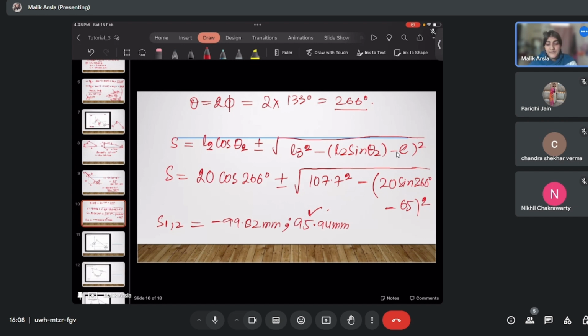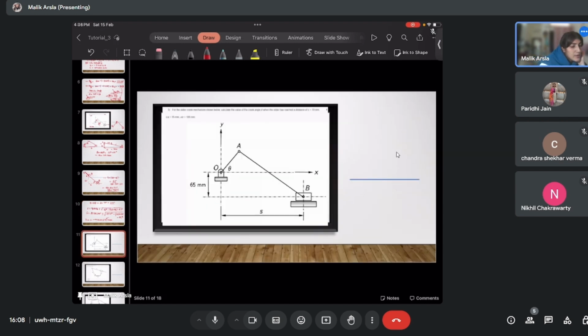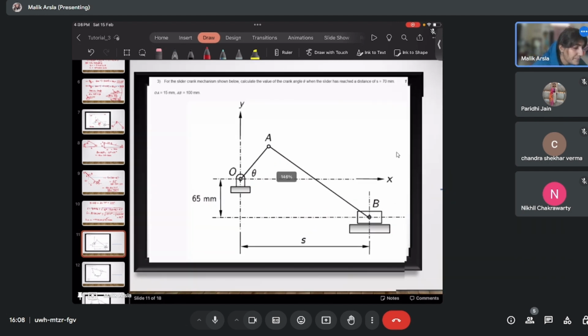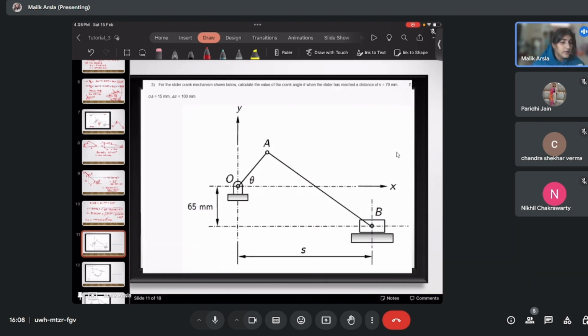So now we can move to the next question. I want you to try this, because now we have done two questions, so I will give you some time and you will have to solve it. It is similar to question number 1, but here it has been given that for the slider crank mechanism, calculate the value of crank angle theta when the slider has reached a distance s.